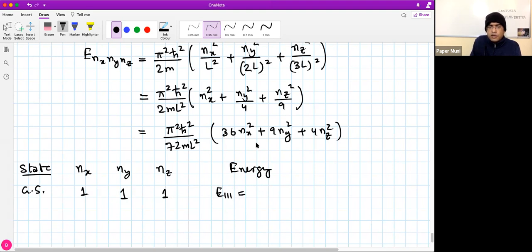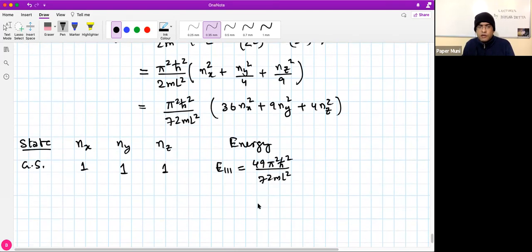This will be 36 plus 9 plus 4, so this is 49, 49 pi square h cut square by 72 ml square. Is everyone getting this result?